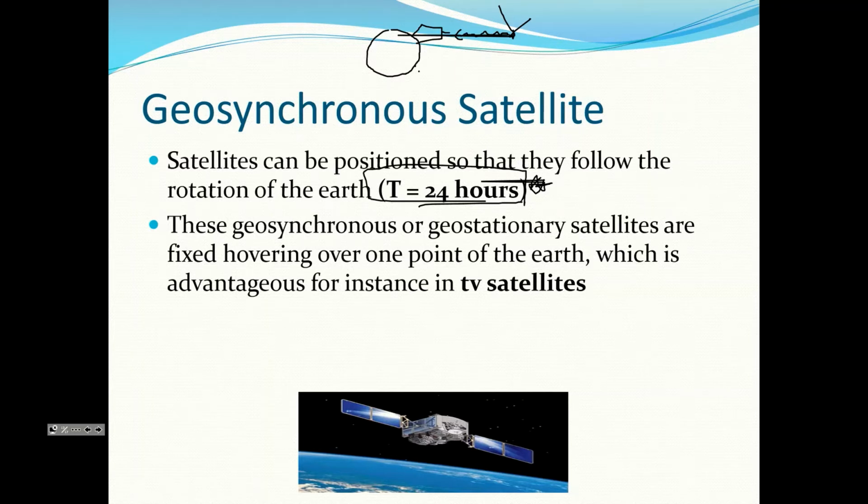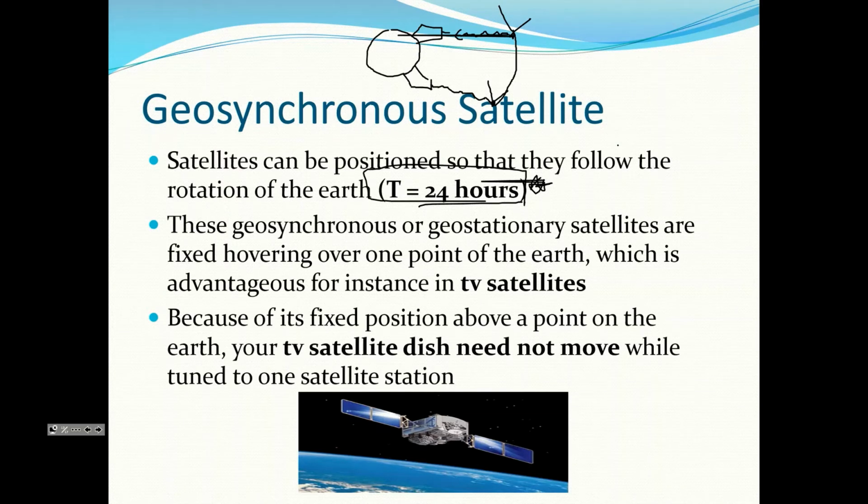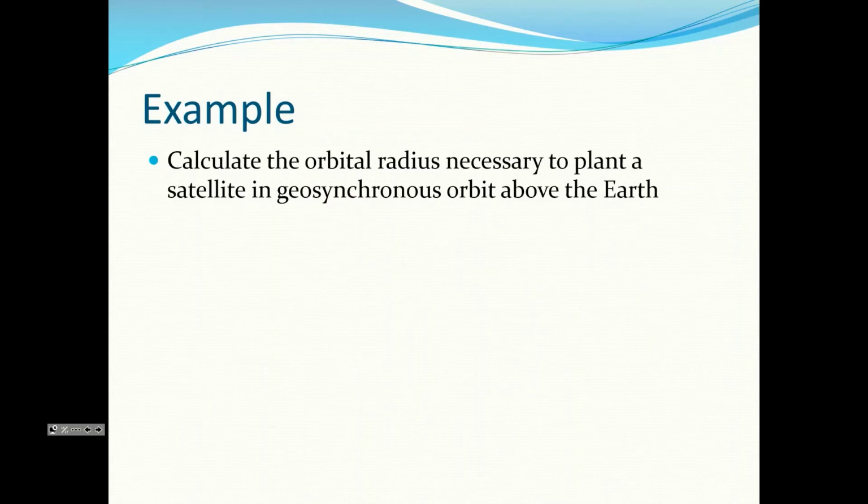So when the Earth rotates and my house is over here later in the day, well, if that satellite didn't stay over that one spot, it wouldn't beam down to my house in the same spot. So it needs to be over the same spot at the same time so we don't have to move our satellite dishes. Because of its fixed position above a point on Earth, your TV satellite dish need not move while tuned into one station.